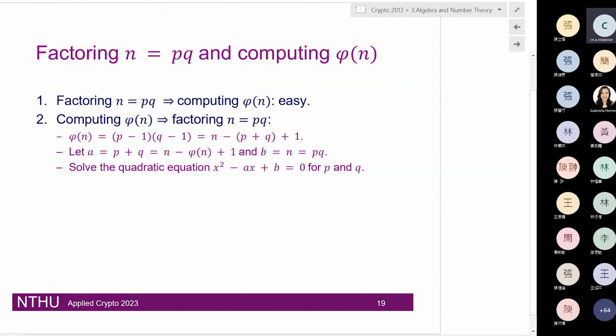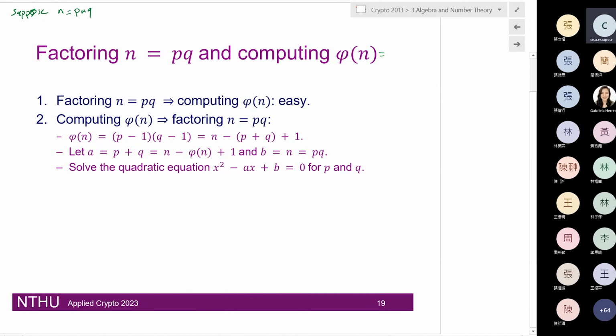So this drives us to this interesting page. What we are trying to do here is find the correlation between factoring N and computing phi N. Suppose N equals p times q, that is given.